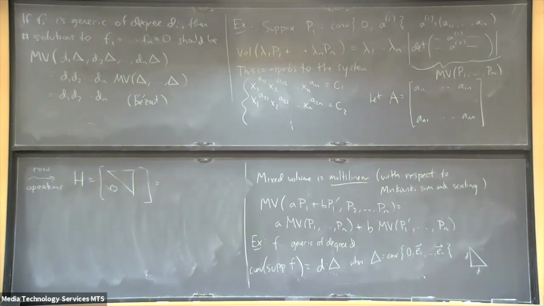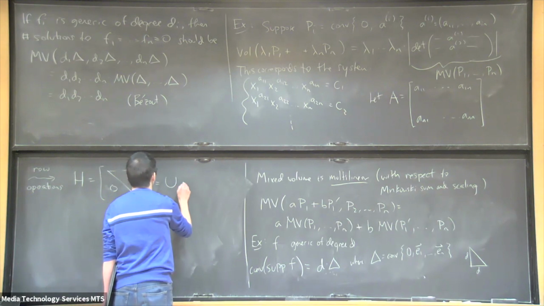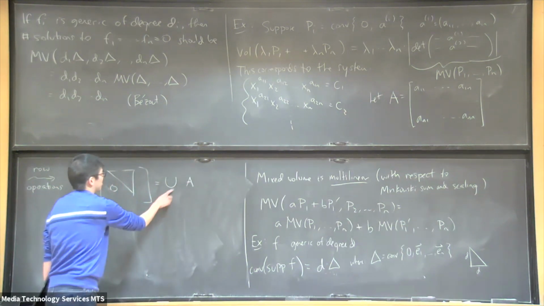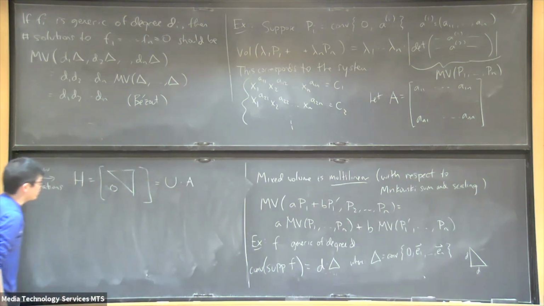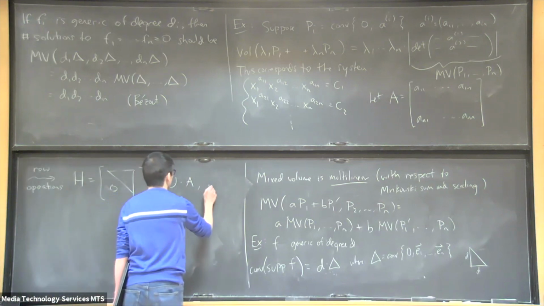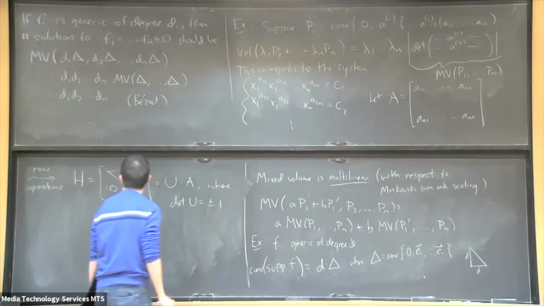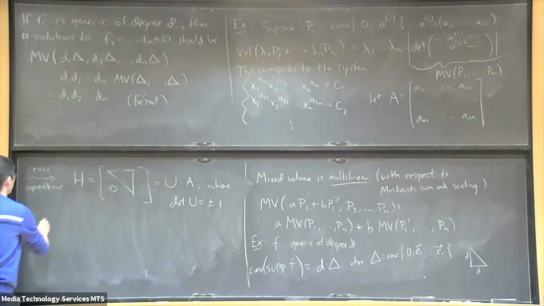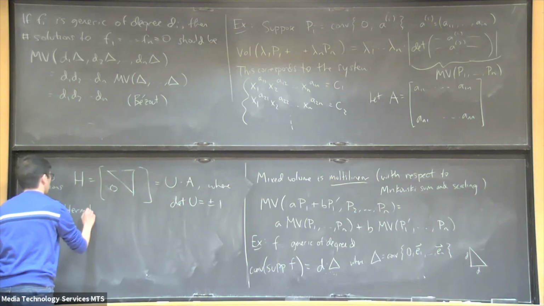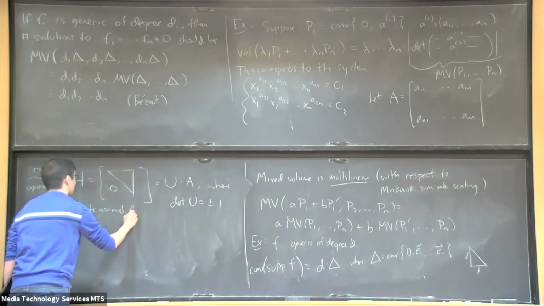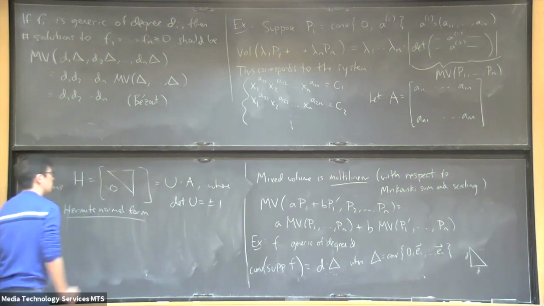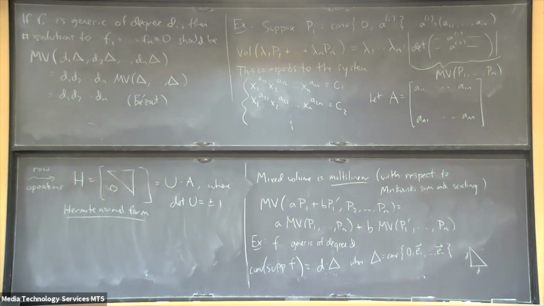And we can do this using unimodular operations. We can write the row operations as multiplication on the left by some matrix U, such that the determinant of U is plus or minus 1. So this is Hermite normal form. These U's are going to be switching two rows or adding some multiple of some row to a different row.